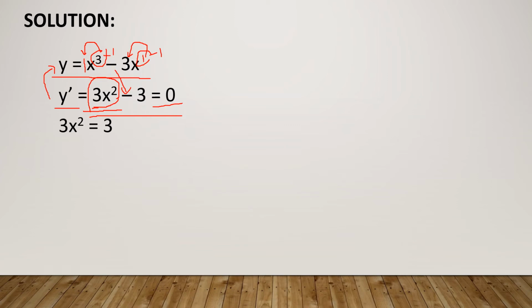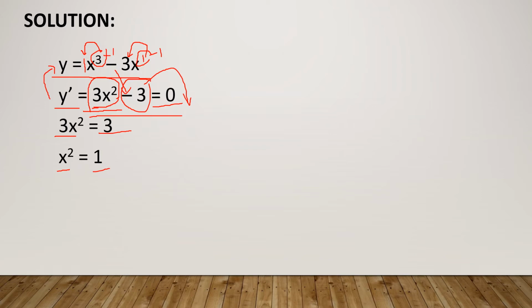So we transfer this negative 3 to the other side of the equation, that's why it's positive 3. Then we divide both sides of the equation by 3 to arrive at the simplified form. 3x squared divided by 3 is x squared, and 3 divided by 3 is 1.